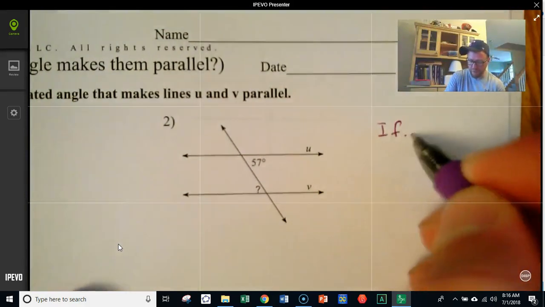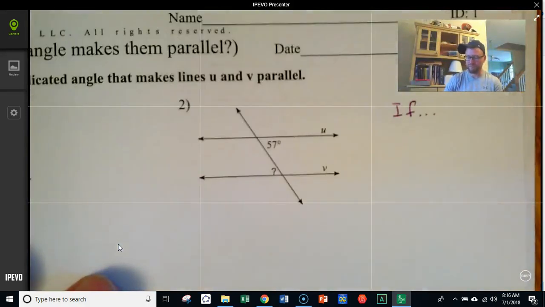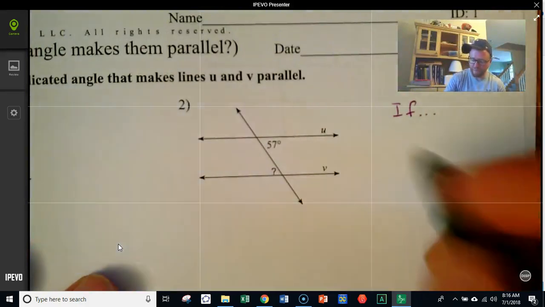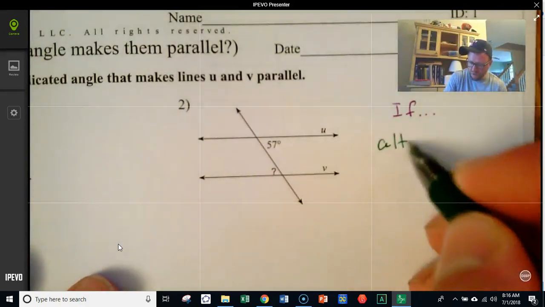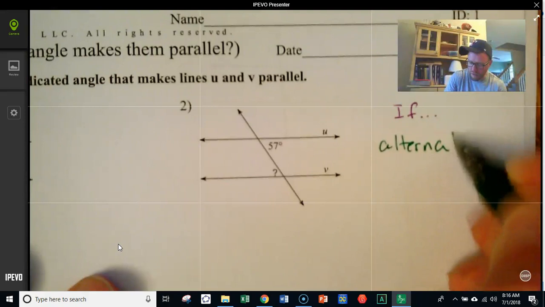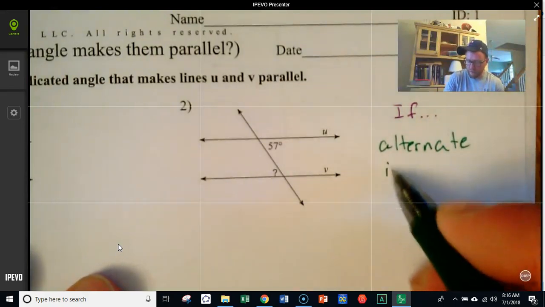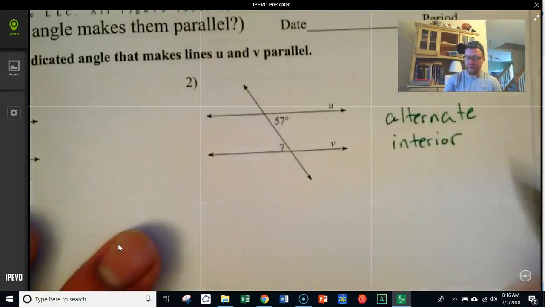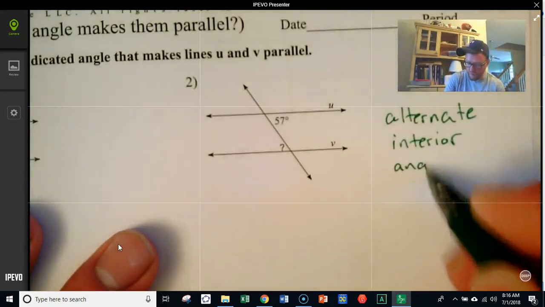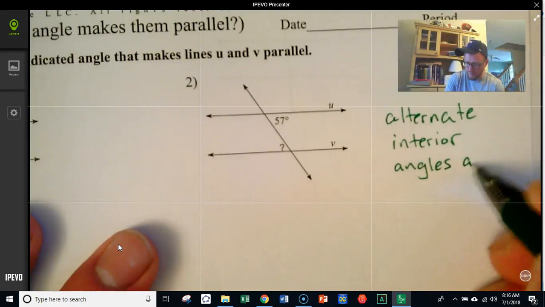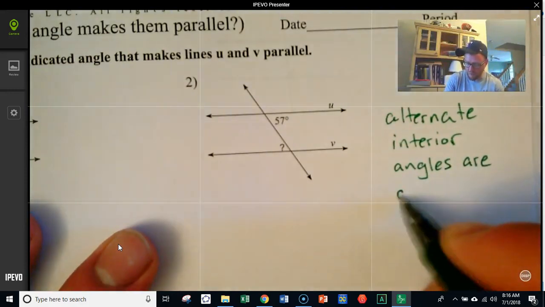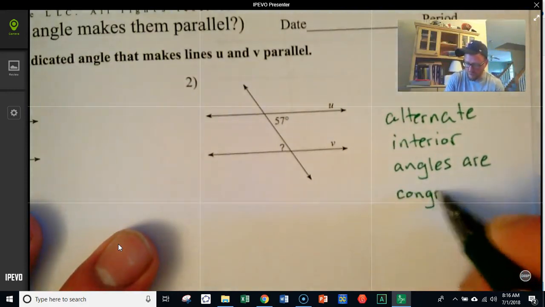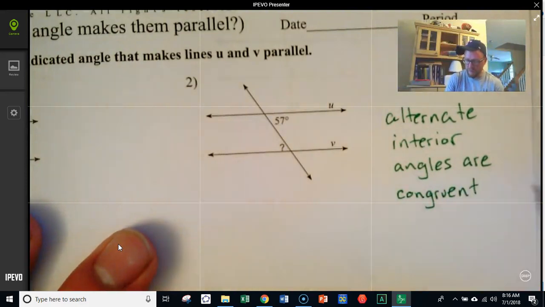If alternate interior angles are congruent, okay?